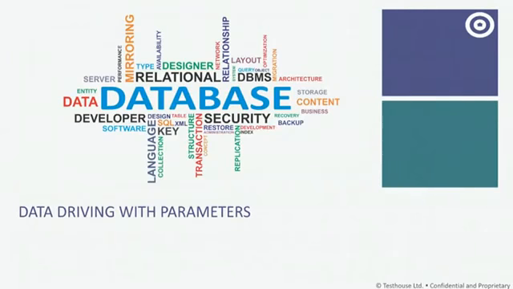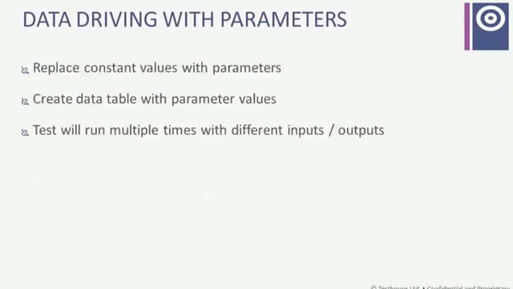So let's take a look at doing some data driving with parameters. You can replace your constant values with parameters. In the example we've seen so far with the calculator, we added certain numbers together, but then the test just went through once for those particular numbers. If you wanted to go through the test several times with different numbers, you would have to write lots of different test cases, which would be very time-consuming.